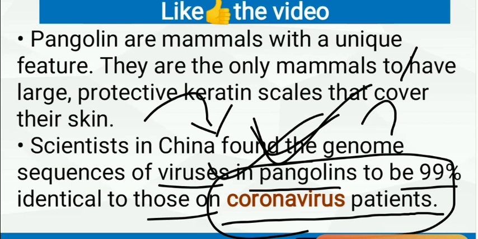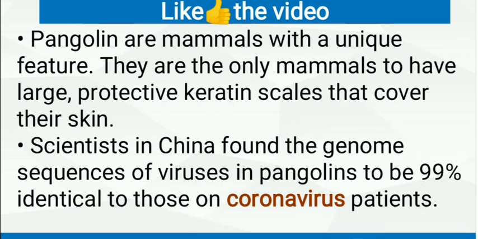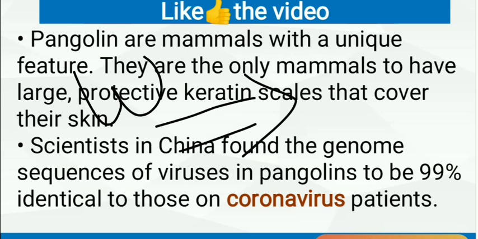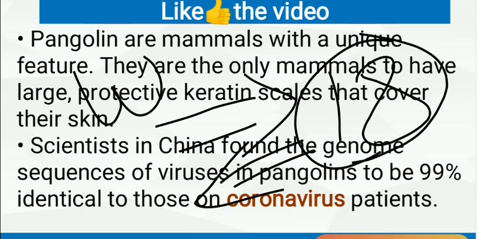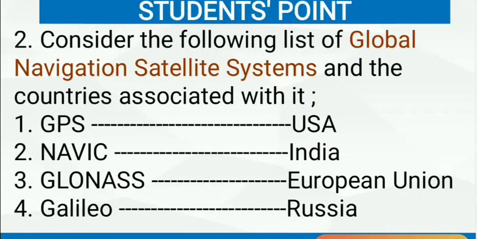But coronavirus is a virus which has spread starting from Wuhan city of China and then to many other countries, and as of now it has infected 18 countries including India. And other countries which are infected by this coronavirus include Southeast Asian countries, then even the United States of America, New Zealand and others. Next question.